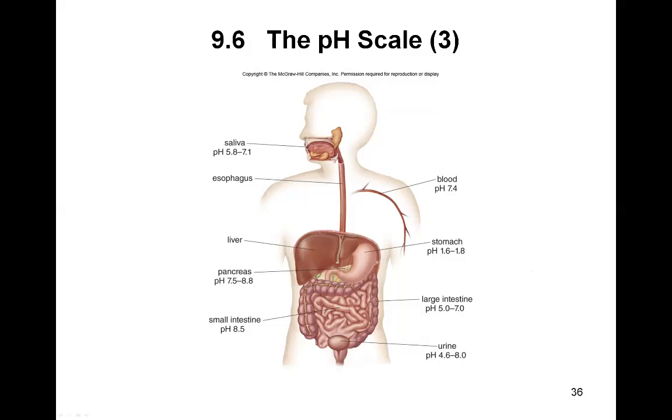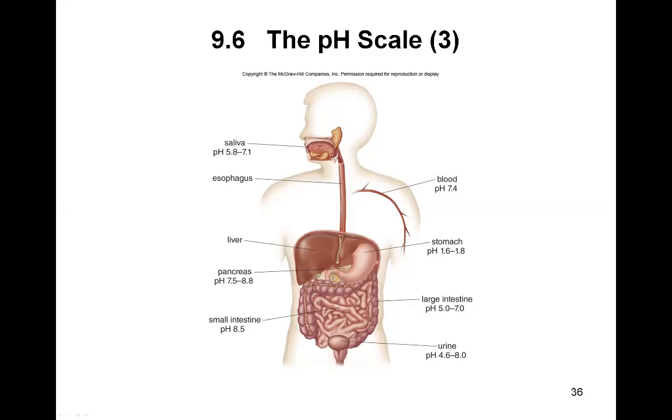The pancreas is secreting fluids with pH 7.5 to 8.8. Small intestine pH is 8.5 exactly, or around. Large intestine pH is going from 5 to 7, depending on what you have eaten. And urine, again, depends on what you have eaten, but pH can range from 4.6 to 8.